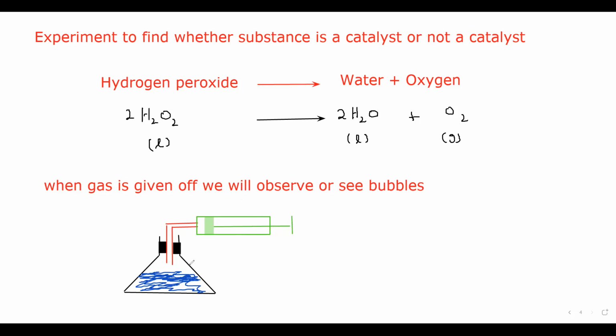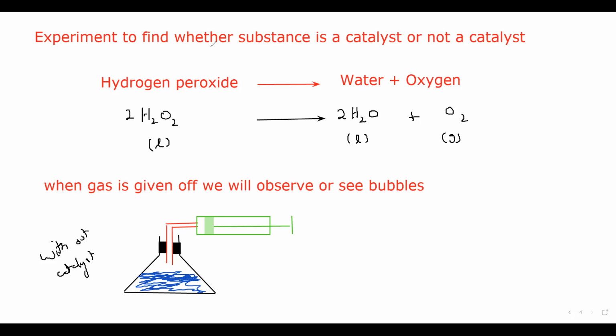And we'll measure the volume of the gas given off when hydrogen peroxide is decomposing without a catalyst. The first one is without a catalyst. So without using a substance as a catalyst, we just find how much oxygen is given off in a unit time.